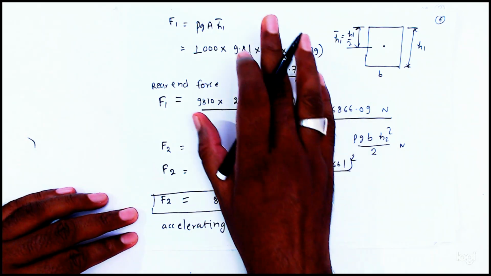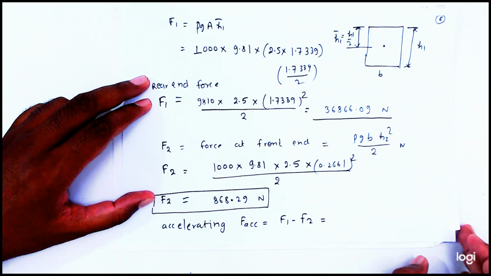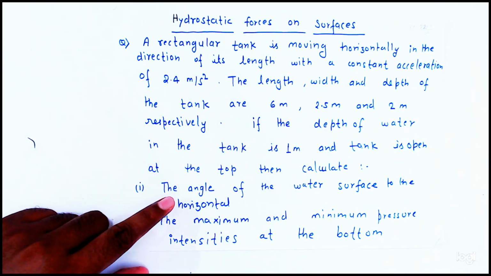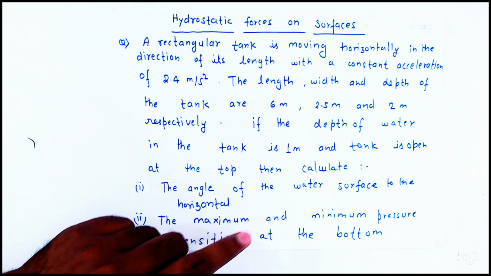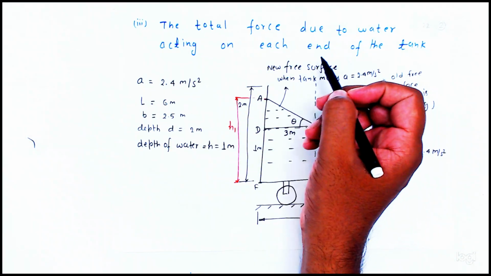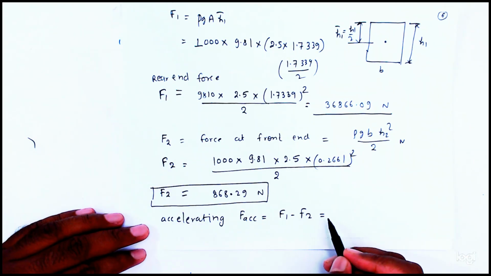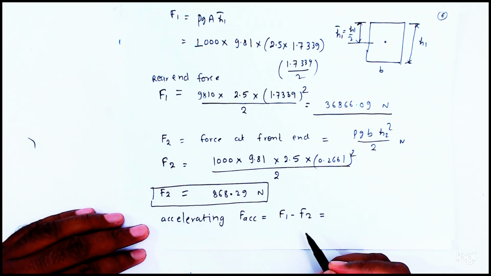This part is completed. This is the extra part I am telling. We are able to calculate whatever data has been given. Angle we have calculated, maximum and minimum pressure has been calculated, and the force we are able to calculate. Now these are some extra points I am saying.